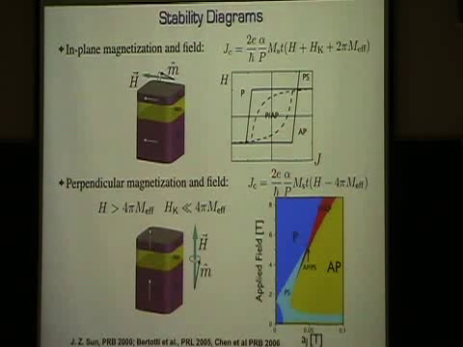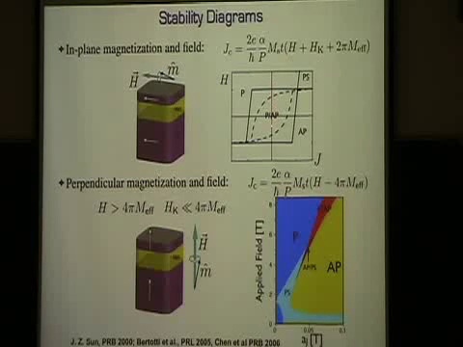You're familiar with this cut, saw that this morning, where you measure magnetic hysteresis. If you assume one layer has a fixed direction, as you sweep the magnetic field, you go from anti-parallel to parallel, and which state you are in between depends on the previous history of the magnet. Now, you can do the same with current.